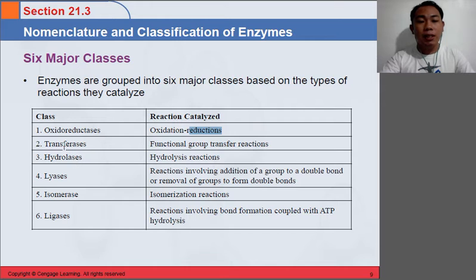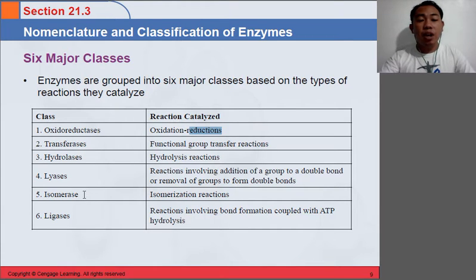That's why it is called transferase. Next, we have the hydrolases. Your hydrolases, it hydrolyzes the substrate. Usually it undergoes hydrolysis reactions. We have the lyases. We have the reaction involving addition of a group to a double bond or removal of groups to form double bonds.